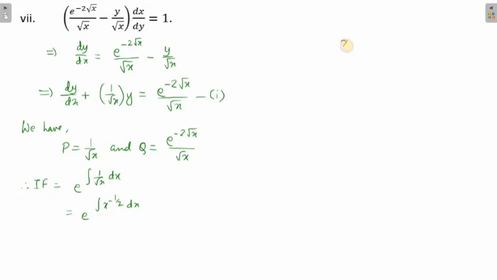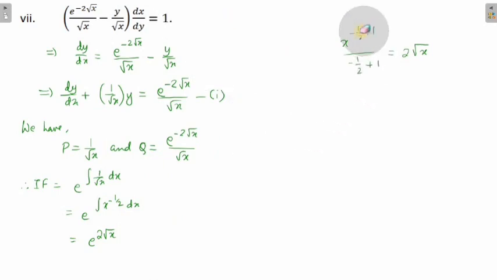It's going to be x to the power minus half plus 1 divided by minus half plus 1, which is x to the power half, that is square root x, and the half in the denominator comes up as 2. So that's why this integral turns out to be 2 root x, and the integrating factor is e to the power 2 root x. You can do this part in the rough.